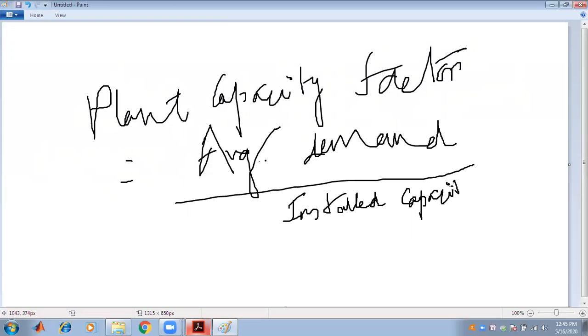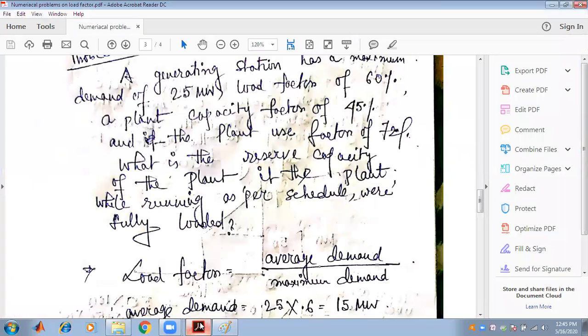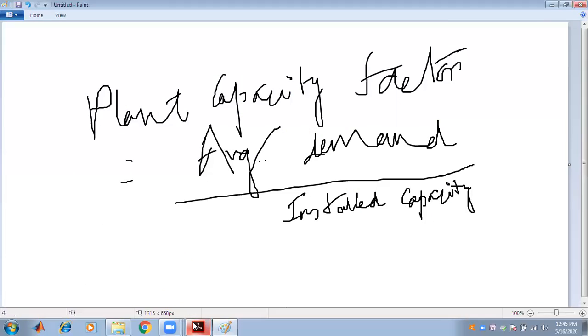So what is installed capacity? Installed capacity is the average demand by the plant capacity factor. The plant capacity factor is given here, and the average demand that we have found is 15.